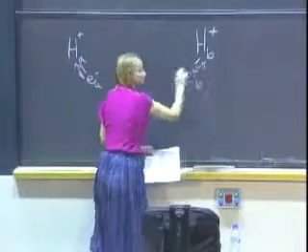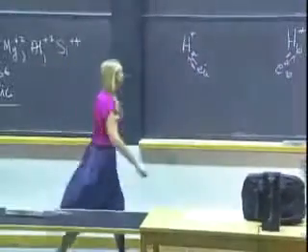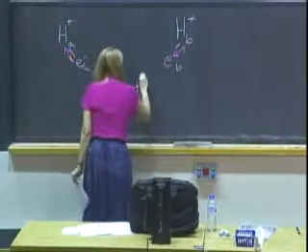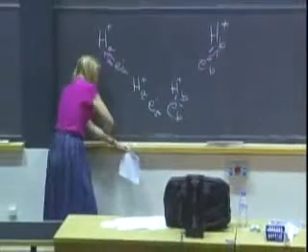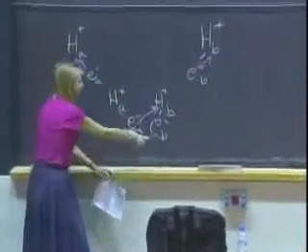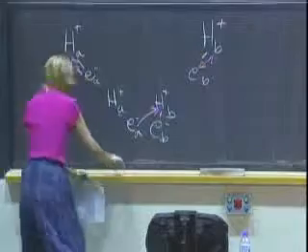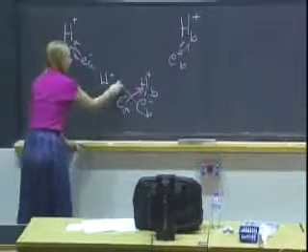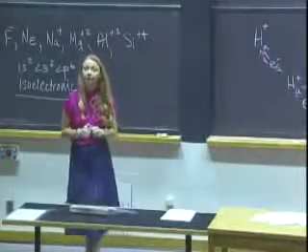However, as we bring these two hydrogen atoms together, at some point this electron that was only attracted to nucleus A begins to experience an attraction with nucleus B. And this electron that was attracted only to nucleus B is now attracted to nucleus A. That mutual attractive interaction brings those two nuclei closer together.